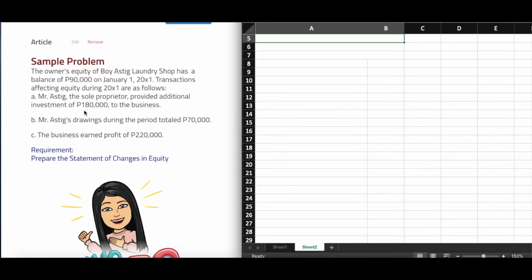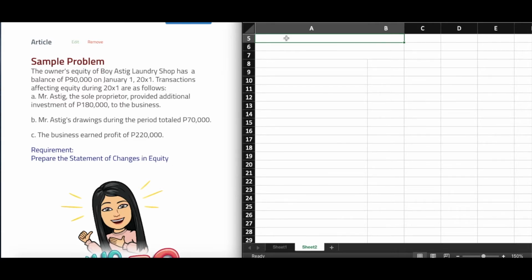And for letter A, we have 180,000 additional investment. And letter B, we have drawings or withdrawals of 70,000. And letter C, the business earned a profit of 220,000, which will increase our capital balance. So let's now make the statement of changes in equity.